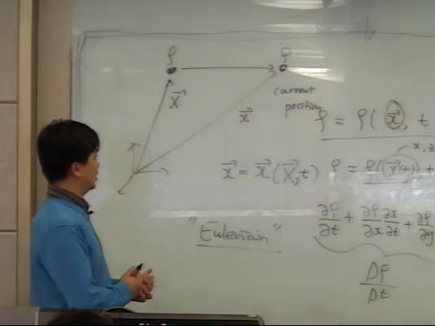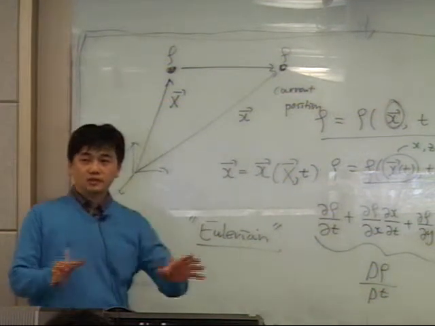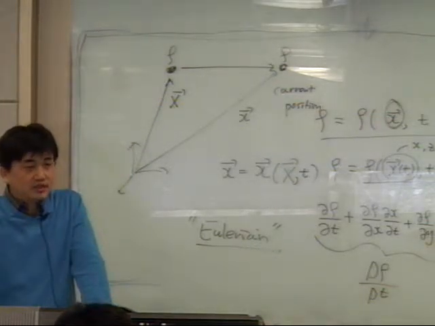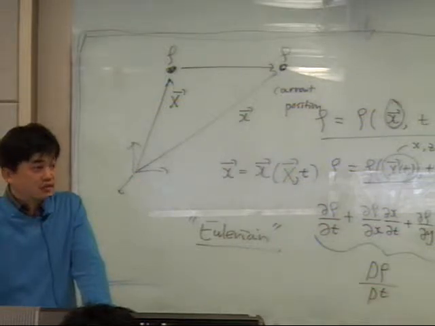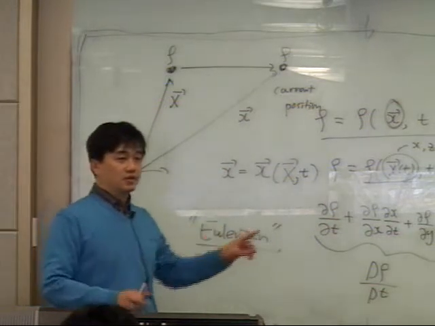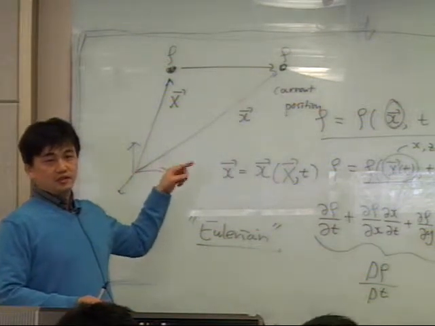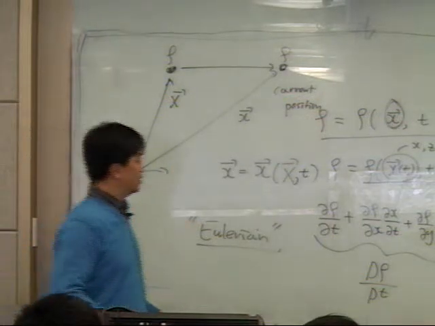So basically the fluid and solid are both continuum. So they have exactly the same governing equation, but the form is different because of this difference in the reference plane. Okay?